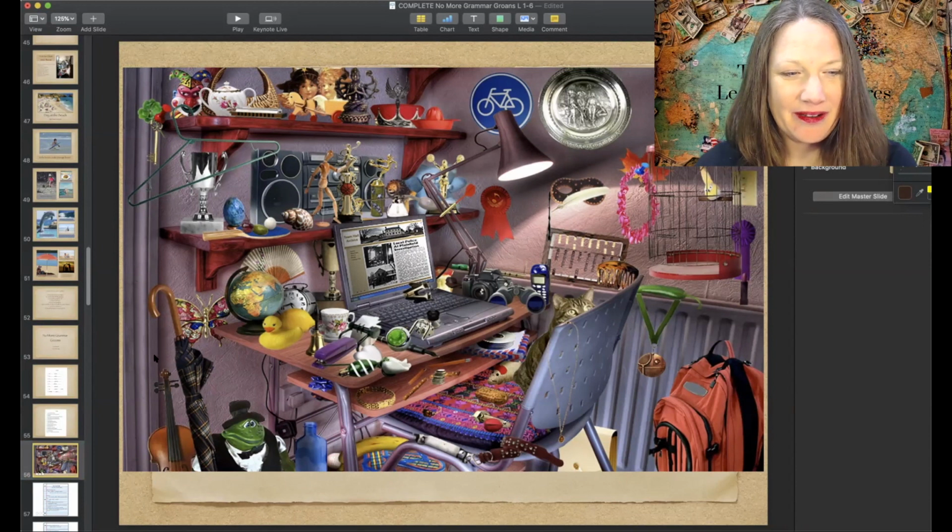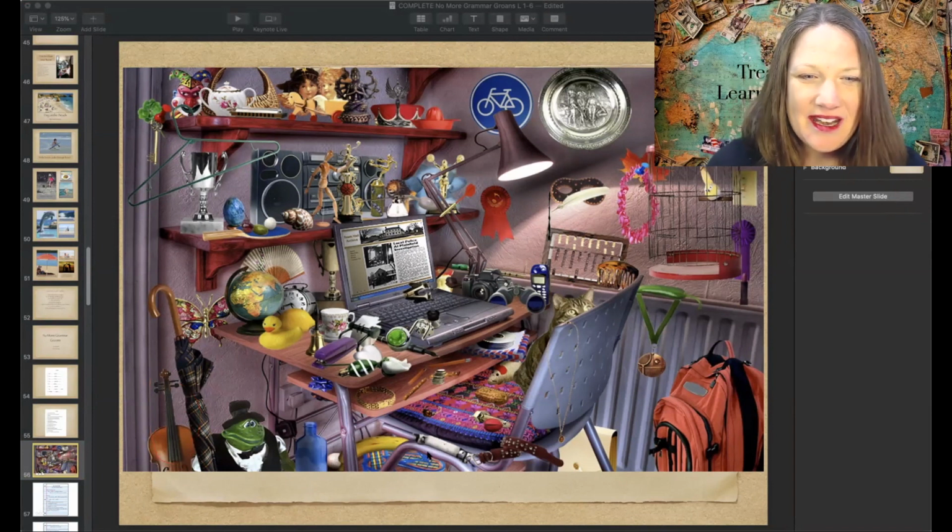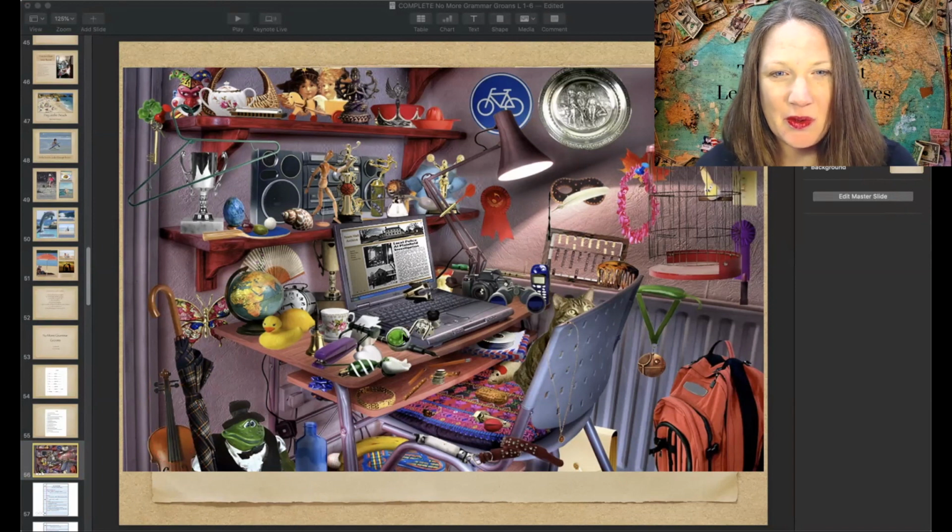If you are looking down here in this lower corner, you will see a violin. Now I want you to make a sentence with a noun verb sentence pattern. The violin will need to be a subject.